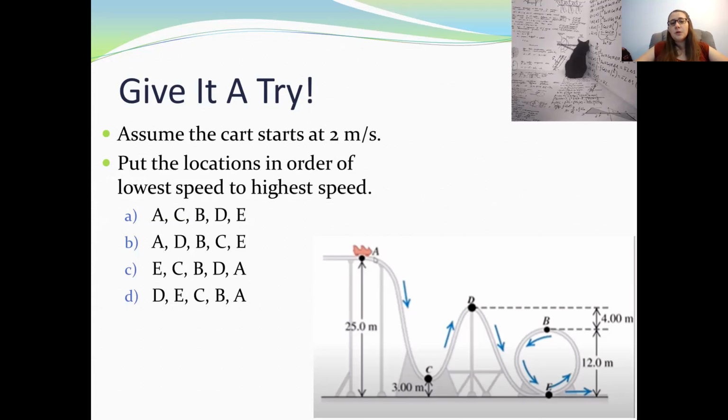Put the locations in order of the lowest speed to the highest speed. So where is it moving the fastest? Where is it moving the slowest? And how can we order these points appropriately? I'm going to give you a minute to think through this, and then we'll come back together and talk about it.